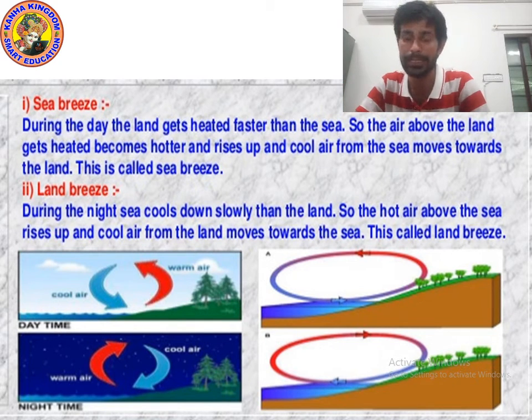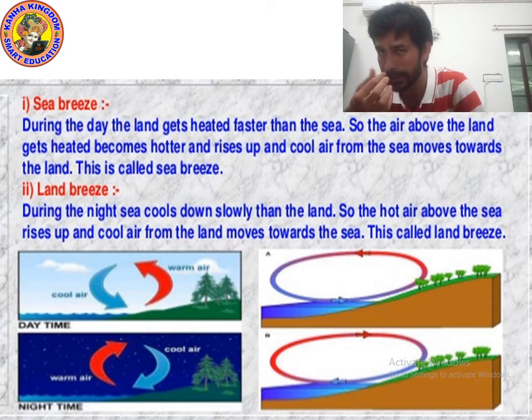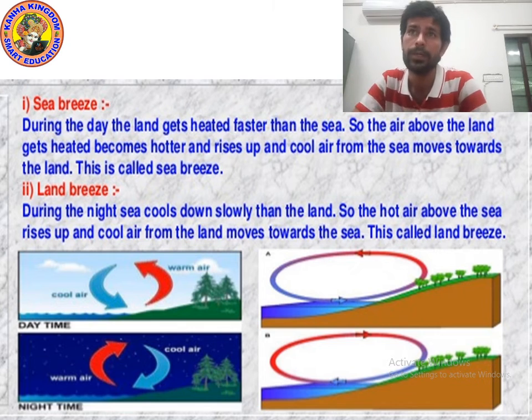So the hotter air moves from land to sea during the day, and cooler air moves from sea to land. This is called sea breeze.